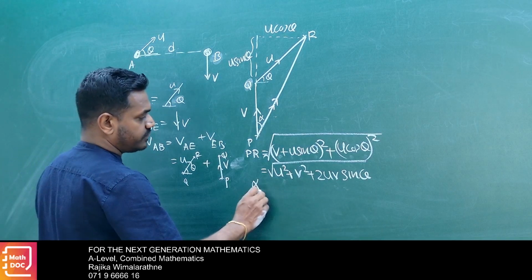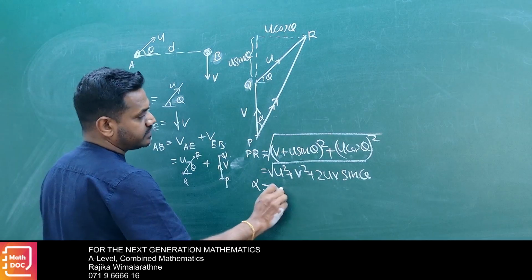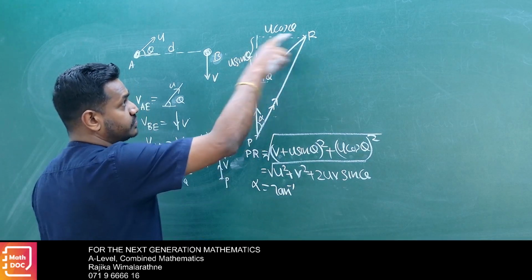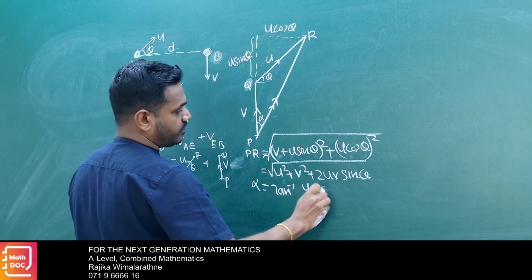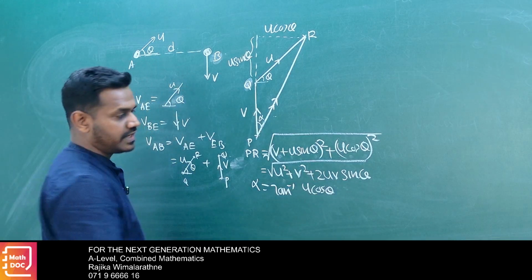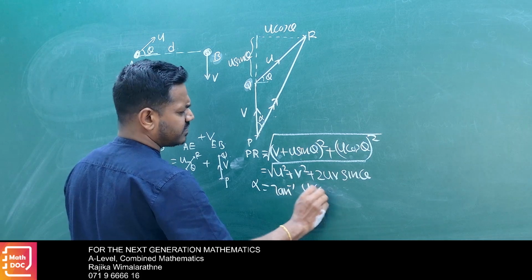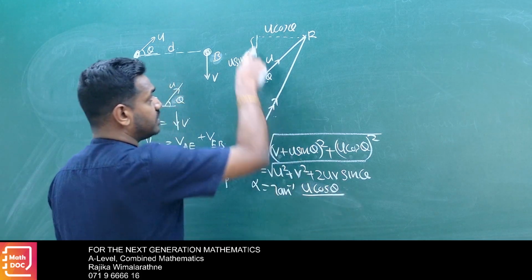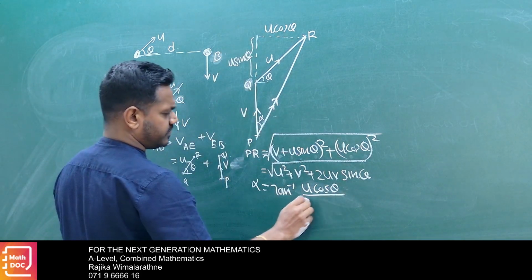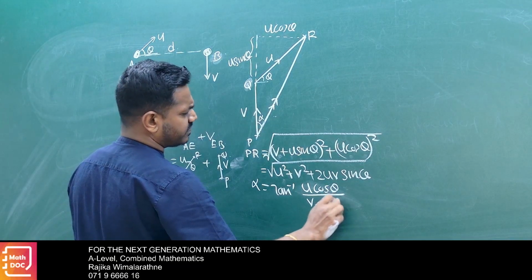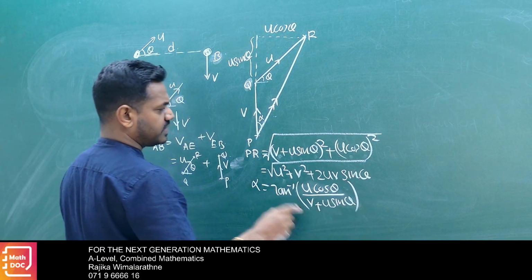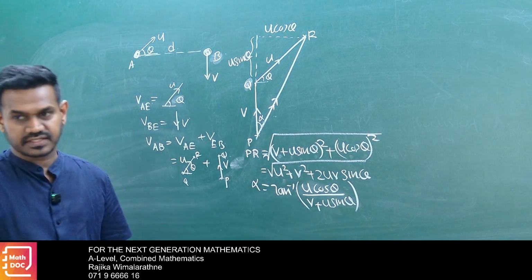Then alpha is tan inverse of U cos theta divided by V plus U sin theta. That's how we find the relative velocity.